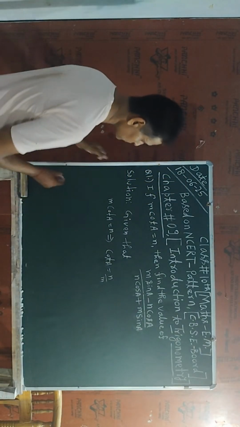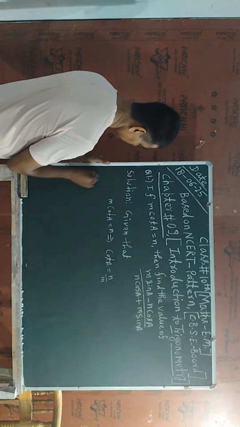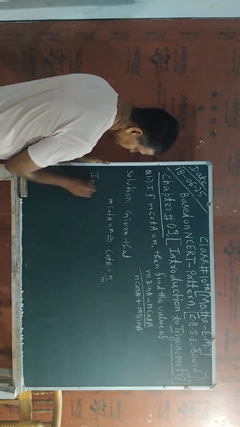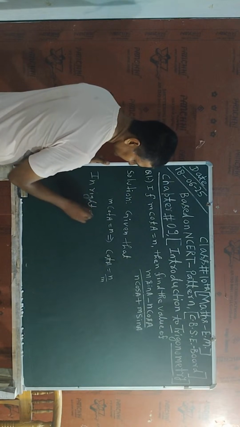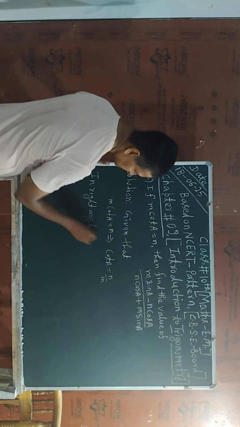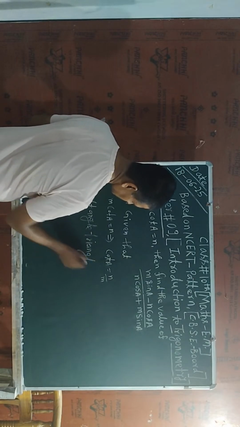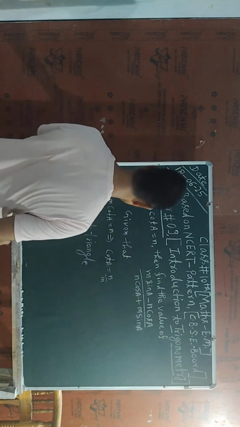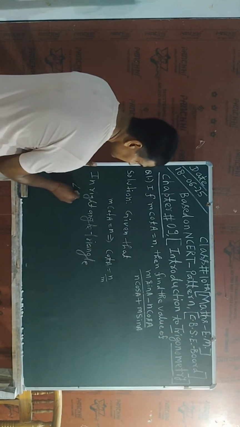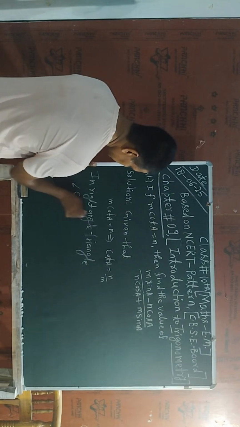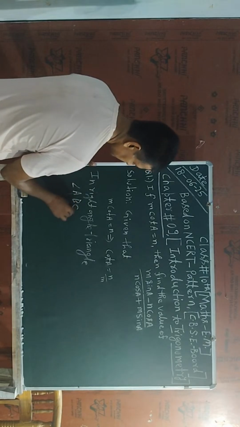So first of all, I am going to draw a right angle triangle ABC.